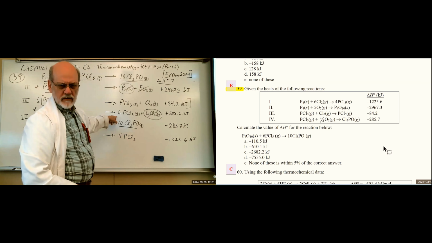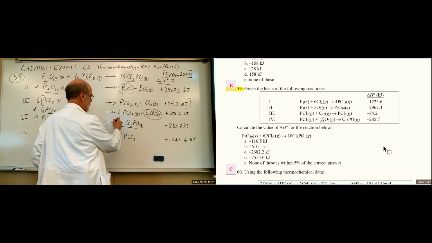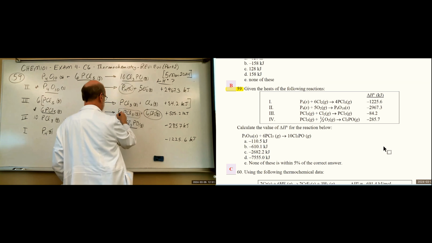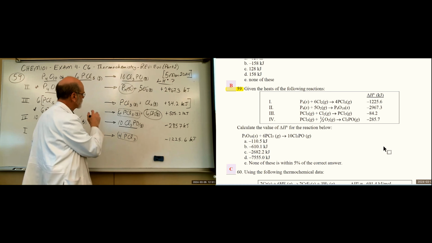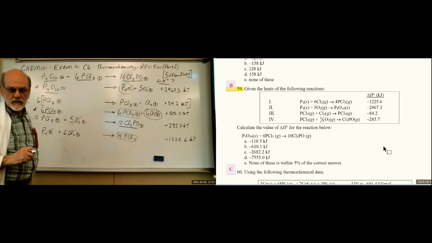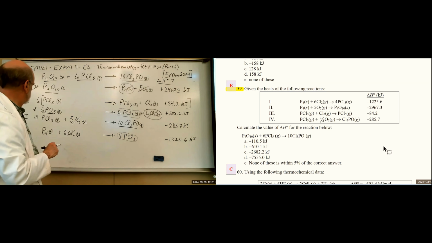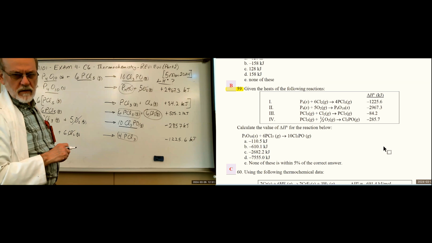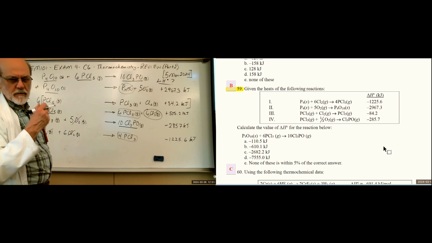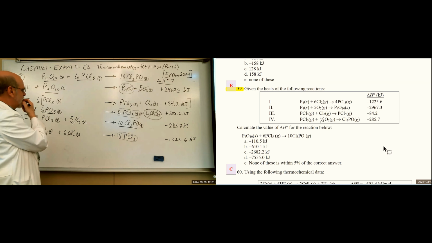Did I read the equation wrong? No. So I'm going to end up with that and this extra. Was there another one in there? Yeah, there's PCl3, but they're already being used.